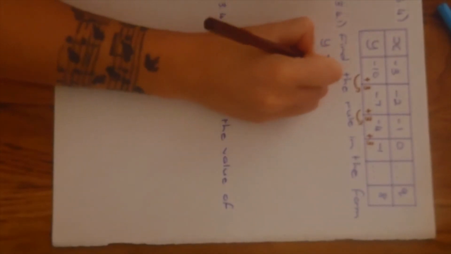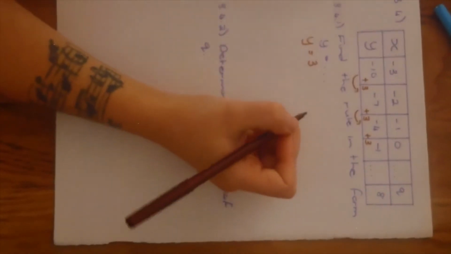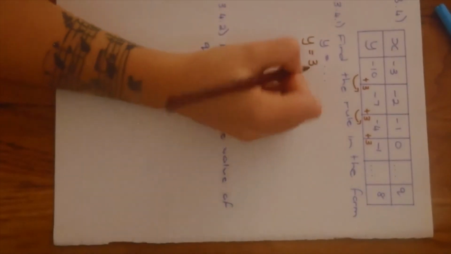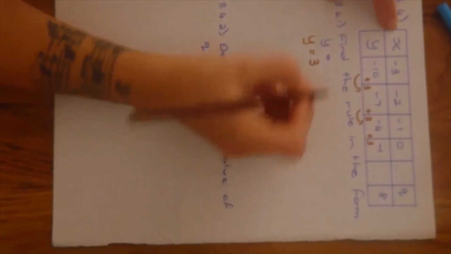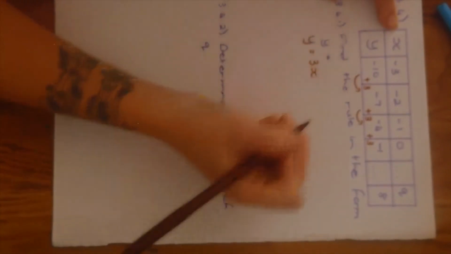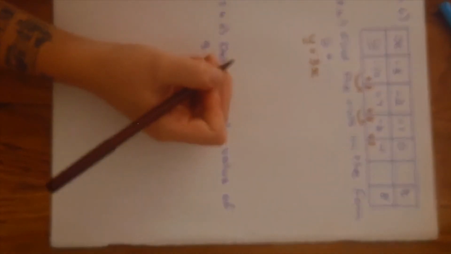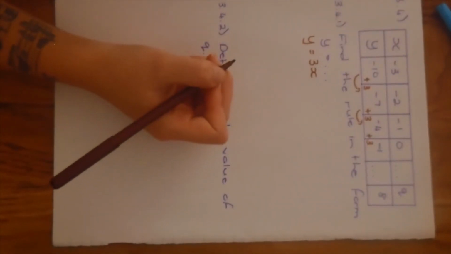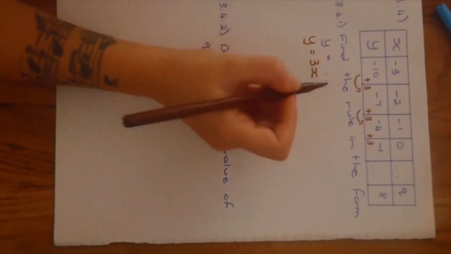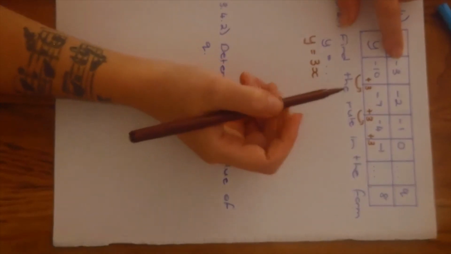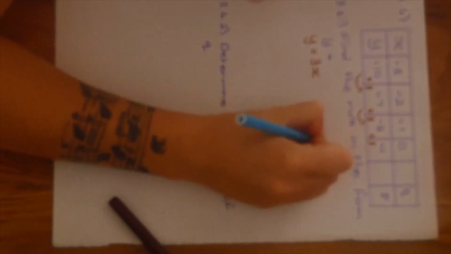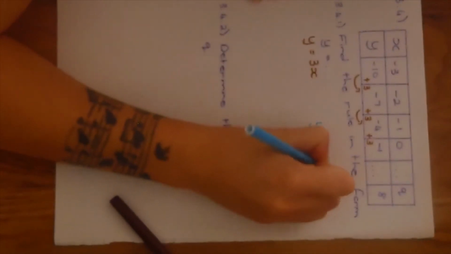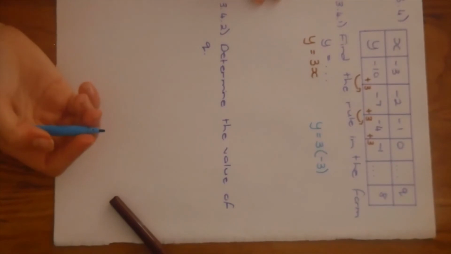Okay, so we know our formula is going to be y equals 3 something. Remember, in number patterns we always used to say 3n, but now your input we represent with an x. So it's 3x. Now you have to figure out what to add or subtract. Remember your first input is negative 3. So now we're going to test it. If I say y equals 3 times negative 3, what is 3 times negative 3?